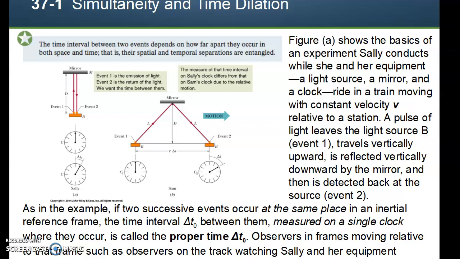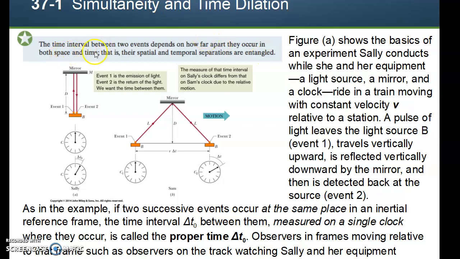Observers in frames moving relative to the frame, such as observers on the track watching Sally and her equipment move, will always measure a larger value, delta t, for the time interval on their clocks. This is known as time dilation. Okay?